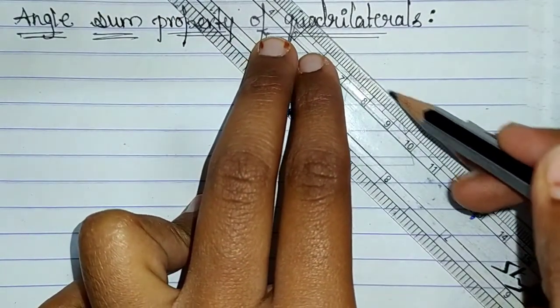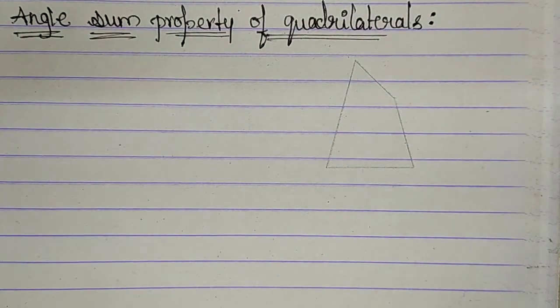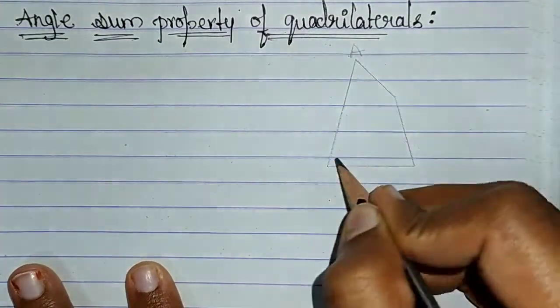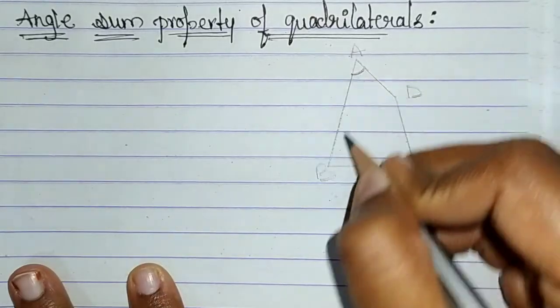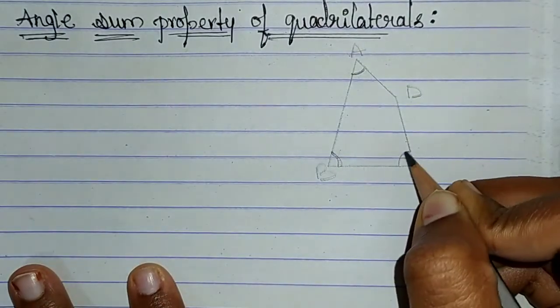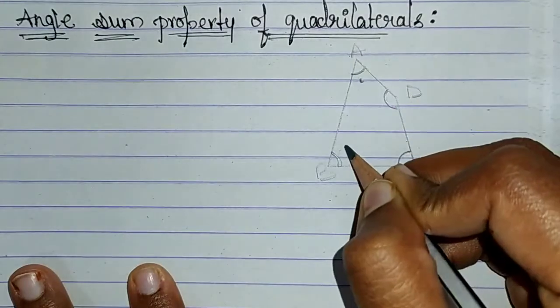This is also a type of quadrilateral. So now let us label this quadrilateral as A, B, C, D. So this quadrilateral has 4 angles. Unlike a triangle, quadrilaterals have 4 sides and 4 angles.